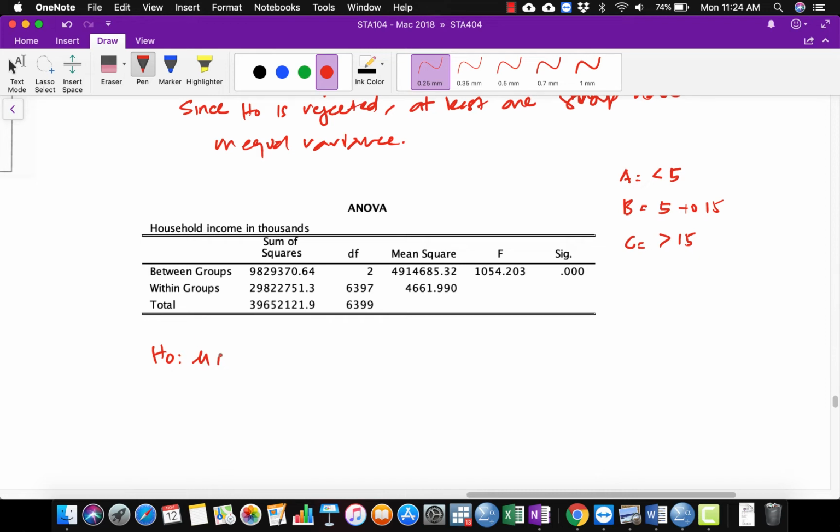So H0: the mean for group A equals the mean for group B equals the mean for group C. The alternative hypothesis: at least one group is not equal.